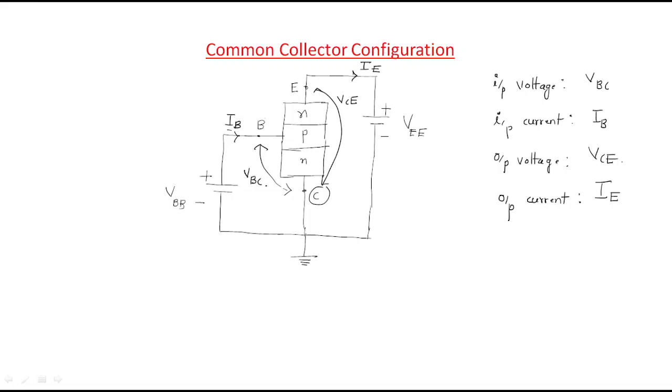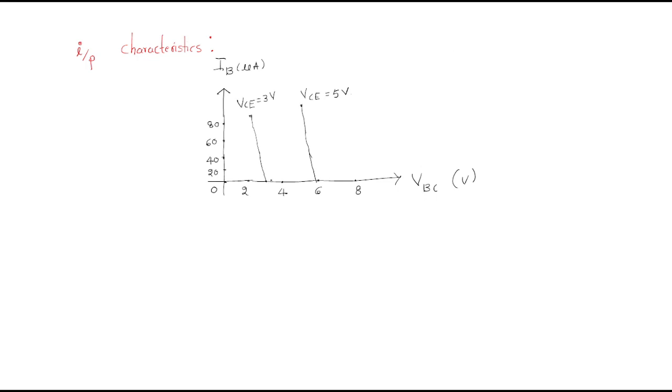So if we draw the input and output characteristics, they are like this. The input characteristics mean input voltage versus input current. Input voltage is VBC in volts and input current is IB, generally in microamps. Why microamps? Base current is always in microamps only. To fix the output voltage, first take VC equal to 3 volts.